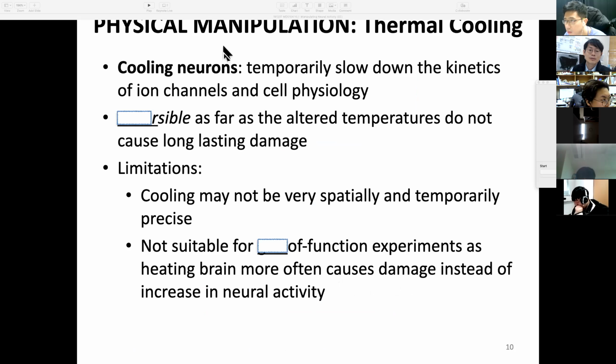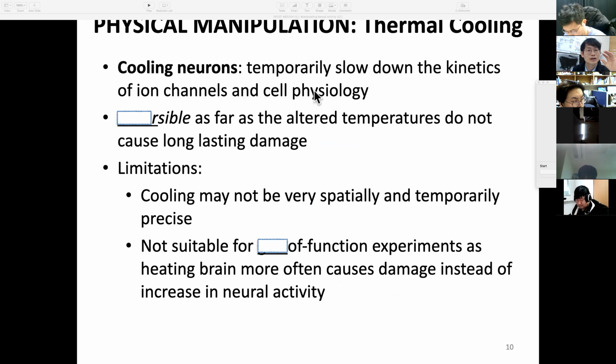And the second physical manipulation I'm talking about is thermal cooling. So what does cooling mean? Those of you who remember primary cell culture, you always use cold ice and make the cells cold in the middle, because it slows down the kinetics of various biochemical events, such as ion channels and the cell physiology.